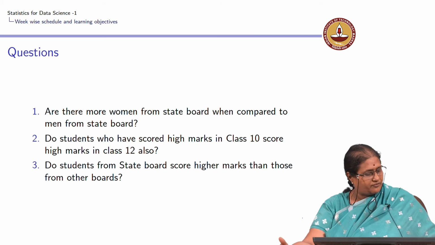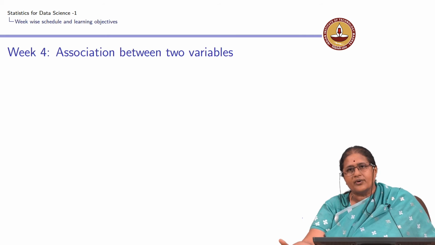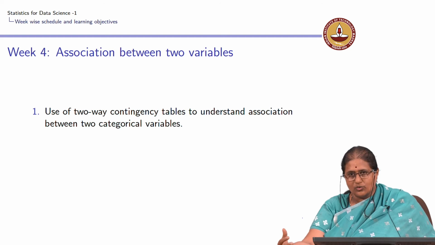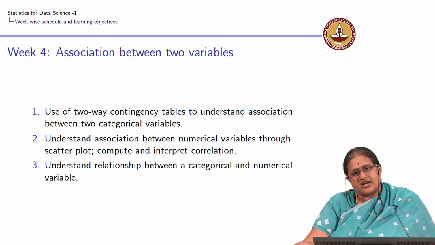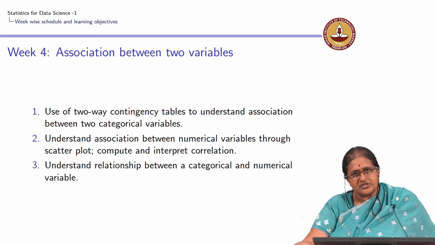That is going to be the focus, and the question we are going to ask in week 4 is to deal with association between two variables through what we call contingency tables, and a graphical method called the scatter plot, where we talk about numerical variables, and we also understand how a categorical and a numerical variable are related to each other.